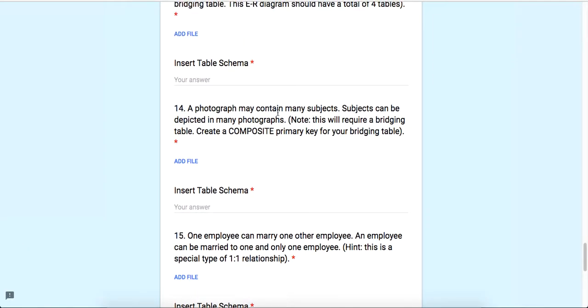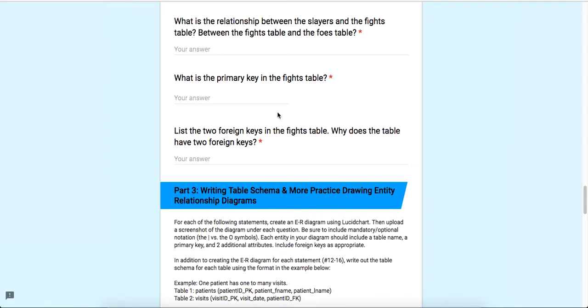moving forward with your own projects, how you do these, how you structure these tables is going to be up to you, right? So you are the designers of your databases, and it's going to be really important that no matter what you do, you have a sound logic that you're working with, and that everything lines up, right? So our goal is that we have this really nice overview of our database. We have our entity relationship diagram.